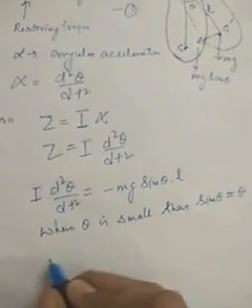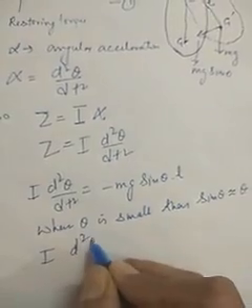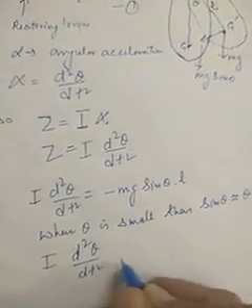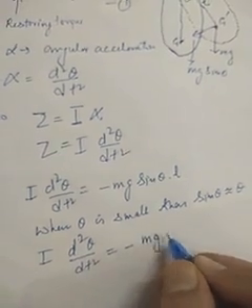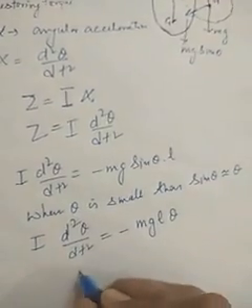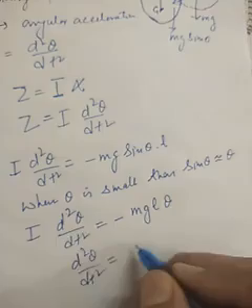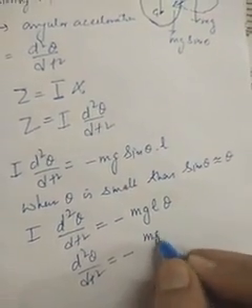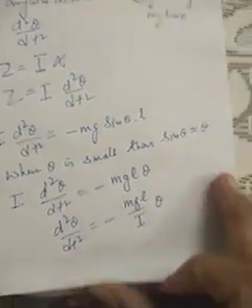Substitute for this here, it will give us I d square theta by dt square equals minus mgL theta, or d square theta by dt square equals minus mgL upon I multiplied by theta.